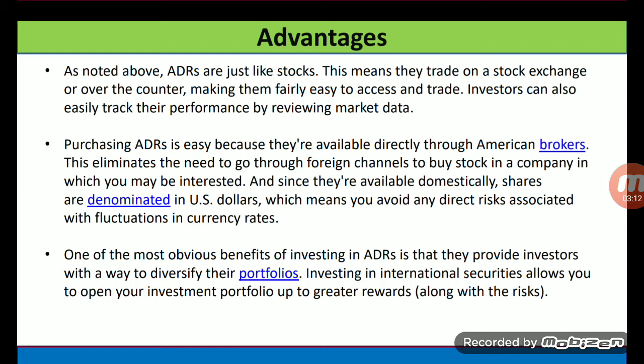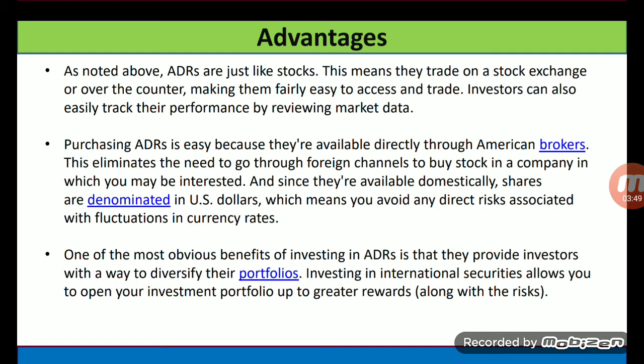And since they are available domestically, shares are denominated in US dollars, which means you avoid any direct risk associated with fluctuations in the currency rate. Here the US investors get the benefit of avoiding currency exchange rate risk, so currency exchange rate risk is eliminated here.